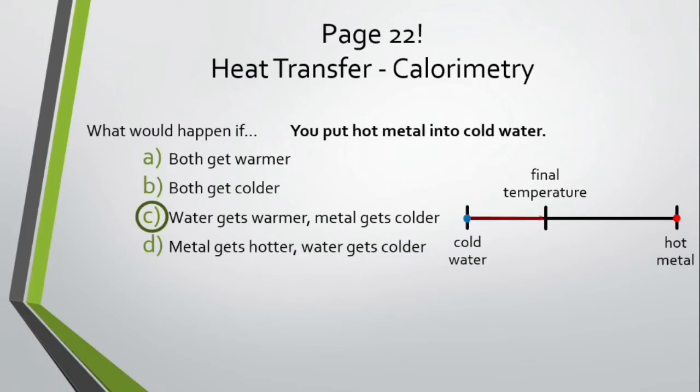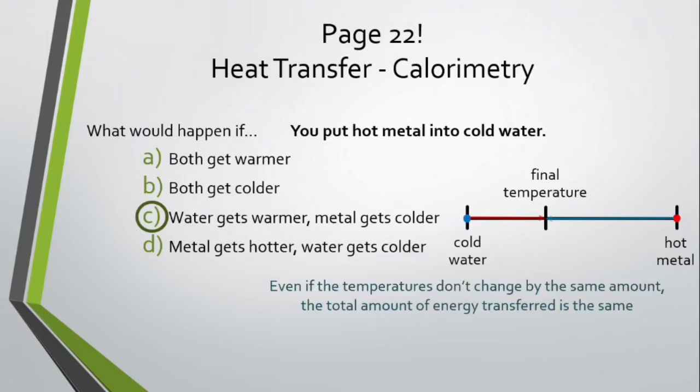They're going to come to what we call an equilibrium point in between them, where their equal energies are going to stop transferring heat to one another. Even if that temperature doesn't change by the same amount, you see here the cold water's arrow is just a little smaller than the hot metal's, the total amount of energy transferred is going to be the same, because all of the energy, the heat from that hot metal, is going into the cold water.